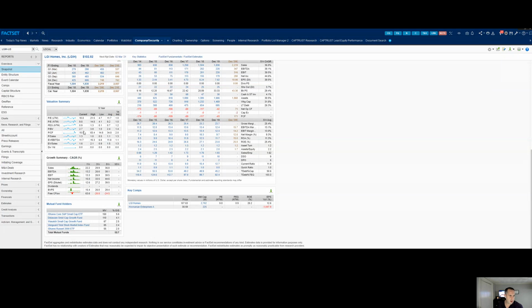This is LGI Homes. LGI Homes is trading at 2.7 times book value. Its 5-year high for this valuation metric is 3.9, the 5-year low is a 1, and the average is 2.4. So it's trading about its average range, but its average range, and you can see that here versus industry, is typically a little bit higher.